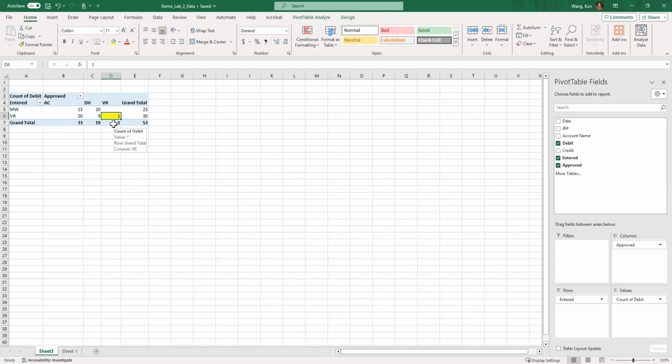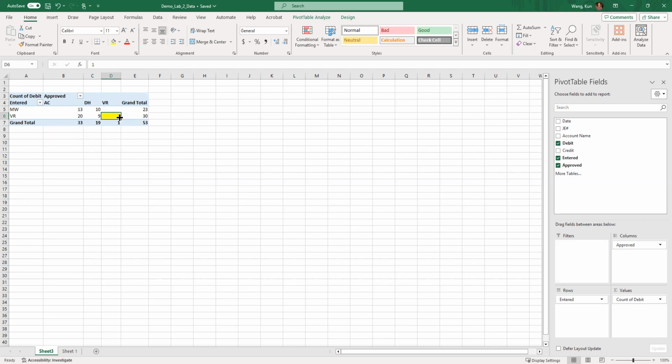So there is a variation of the rules. But the other four cells should not be a concern, because in those the person who enters the transaction and the person who approves are always different. So that's the first result.